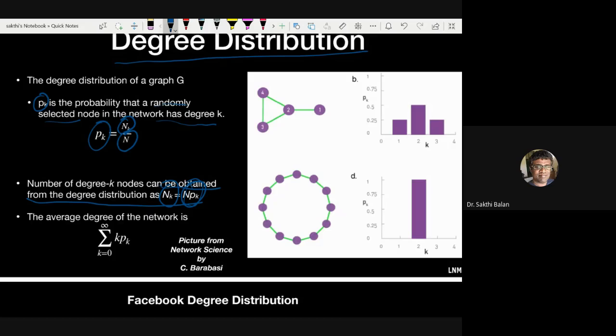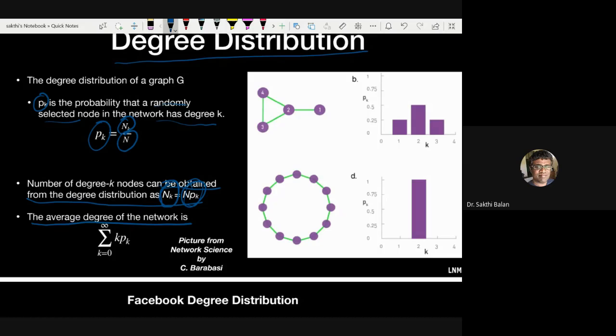And then I can also find the average degree of the network just by getting the pk's and then multiplying with the k. What is k? K is a degree, right? If I want to find the number of nodes of degree k, nk is equal to N into pk, right?